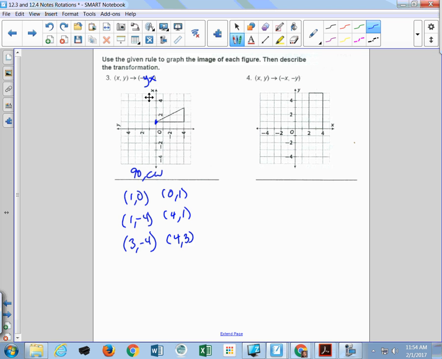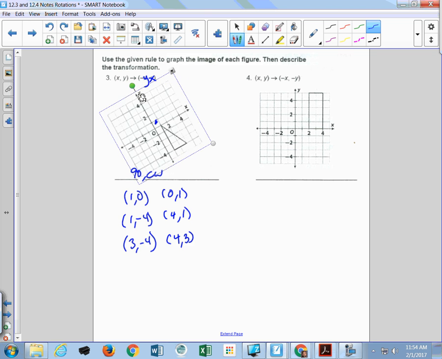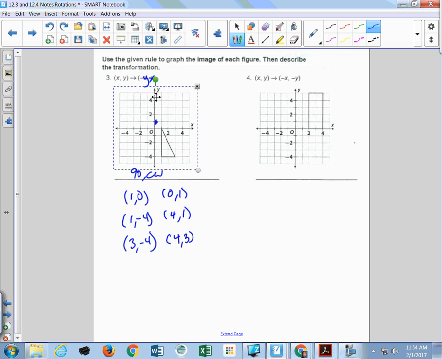Flip this back in. So 0, 1, 4, 1, 4, 3, 0, 1.